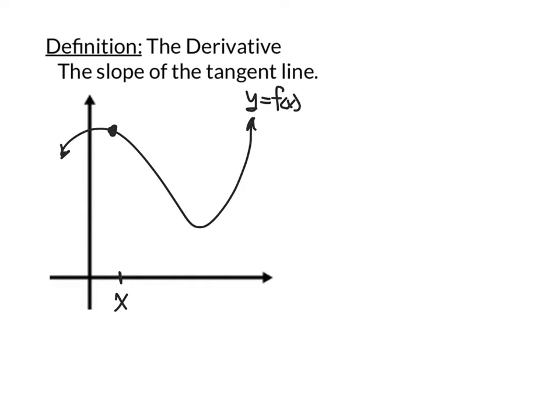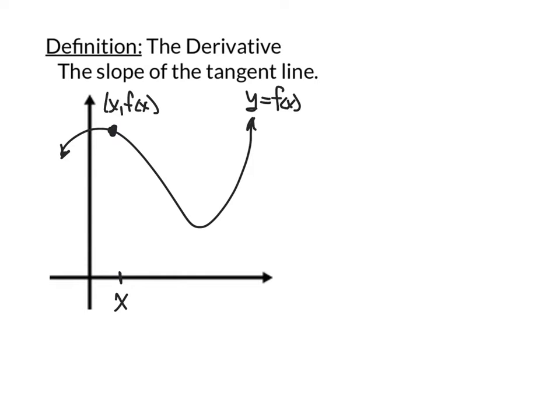Now first, we're going to use Leibniz's definition of the derivative as the slope of the tangent line to take a look at how we can calculate that. So here I have this function, y equals f of x, and I've identified this x value. So we do have this point, which would be (x, f of x).